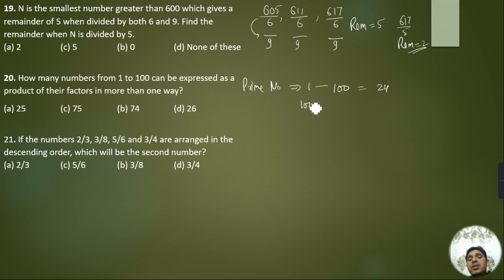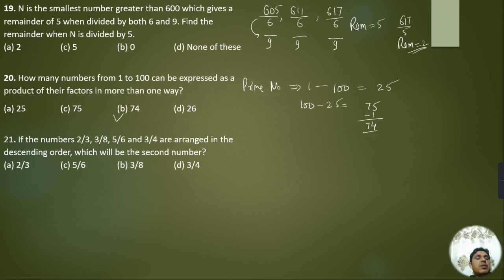If we subtract 25 from 100, we get 75 numbers. Number 1 is not included, since we want numbers with more than two factors. So the count will be 74. Hence the answer of this question will be 74.